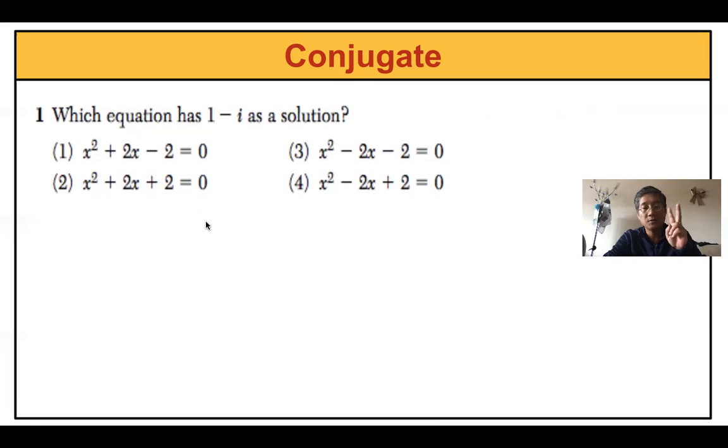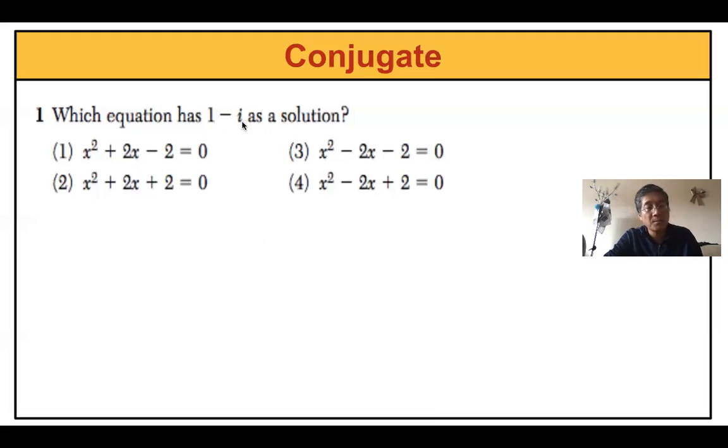If you look at the quadratic formula, negative b plus minus the square root of b squared minus 4ac over 2a, there is a plus minus. So if 1 minus i is a solution, then there is a pair, the other solution, which is 1 plus i.